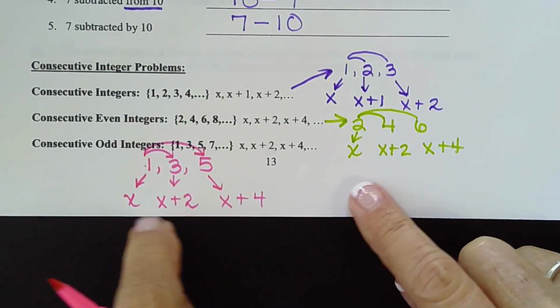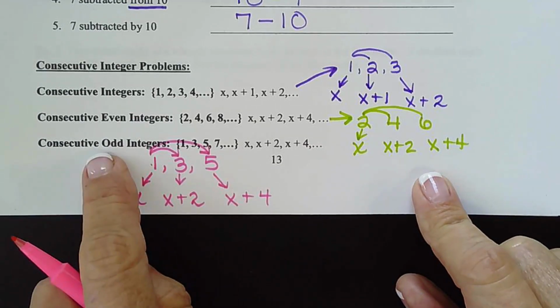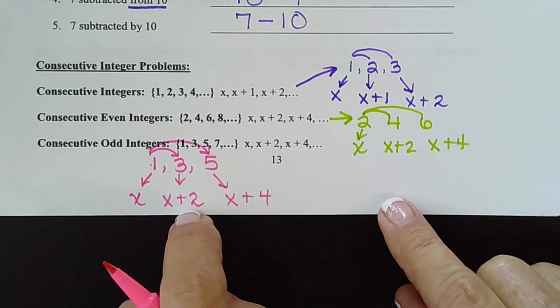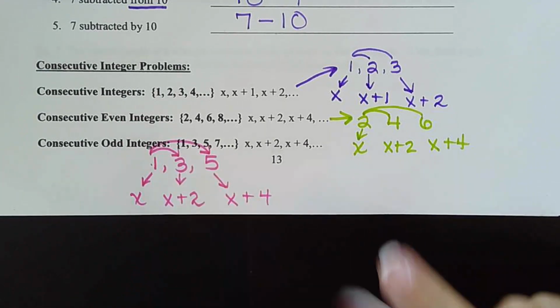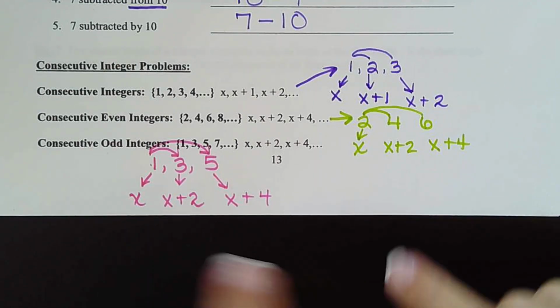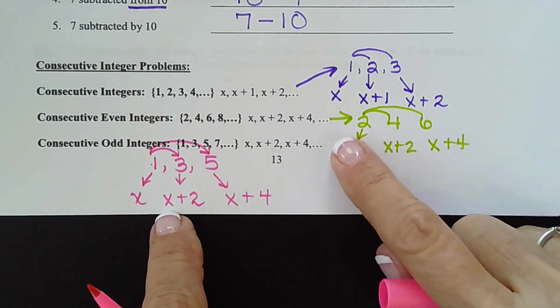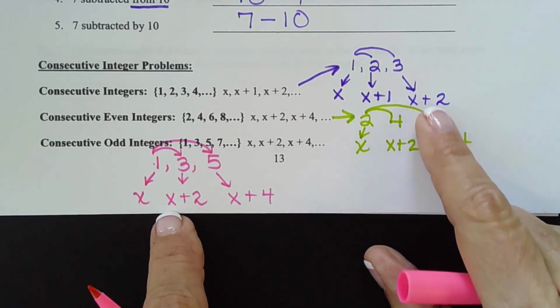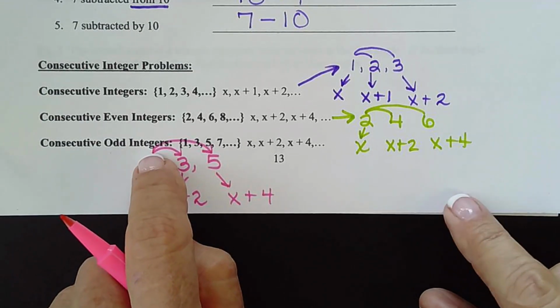So this is usually surprising to students. They're like, what, wait a minute, 2's not an odd number. It doesn't say 2's an odd number. It says that odd numbers, you have to add 2 to get to the next one. So this one really surprises students that they're the same. But aren't all even numbers separated by 2? Add 2, add 2, add 2 to get the next one. Same with odd.